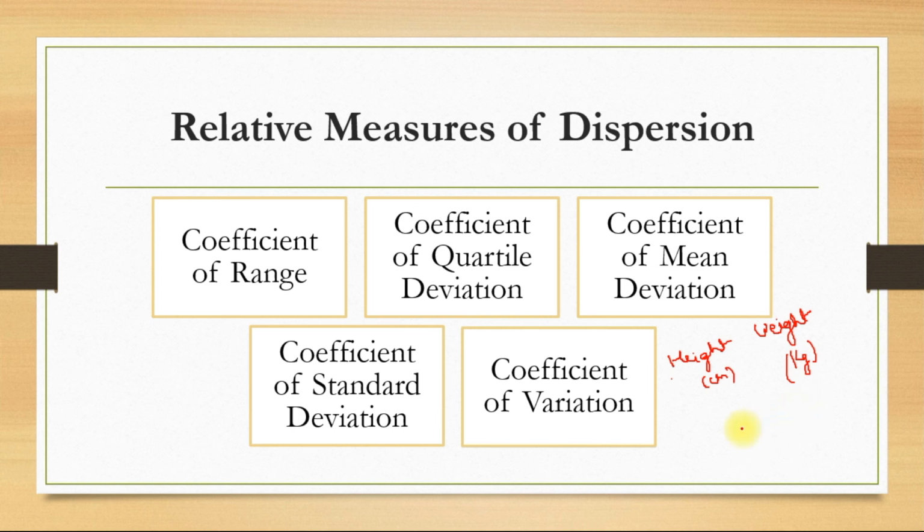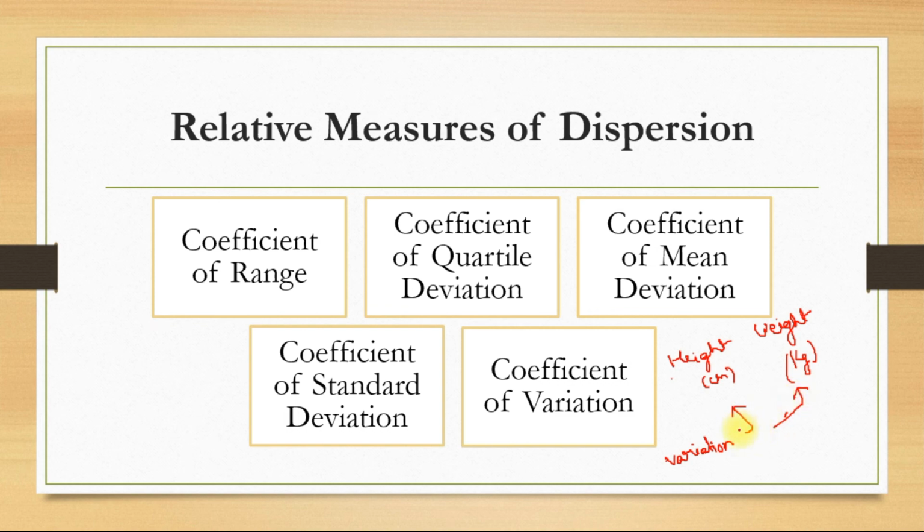Why? Because if we are using an absolute measure, then whatever measure we use for measuring the variation in height and variation in weight, the unit of variation will be centimeter for height and kg for weight.